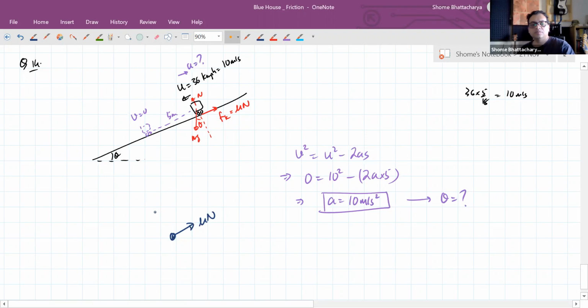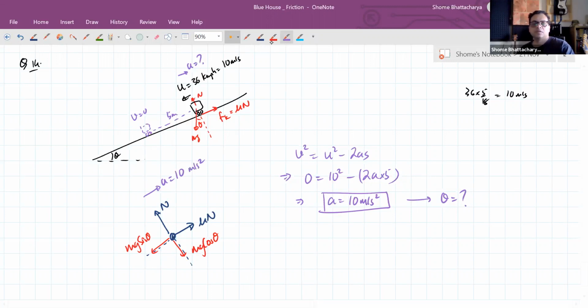Mu n, and let's resolve mg. So mg sin theta, mg cos theta, and we want this deceleration to be 10.